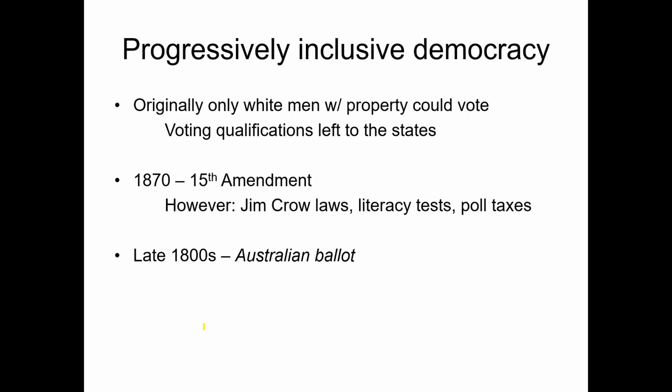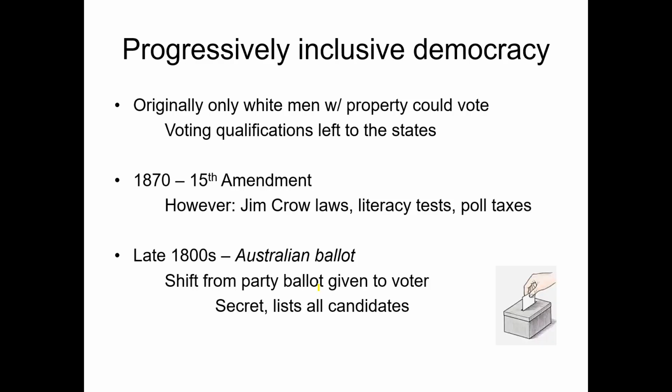We've already talked about how, as we get into the late 1800s, segregation starts to increase, particularly in the South. We see Jim Crow laws, literacy tests, poll taxes, which are still restrictive of voting of former slaves, blacks, and minorities.